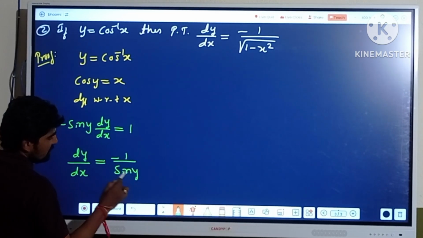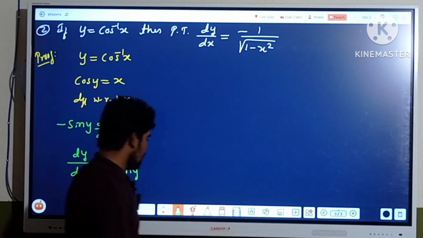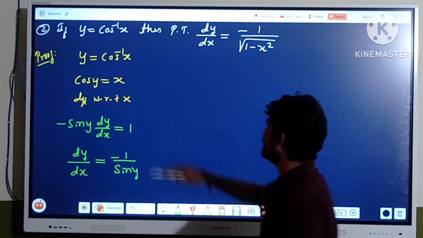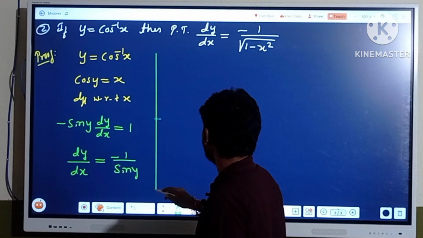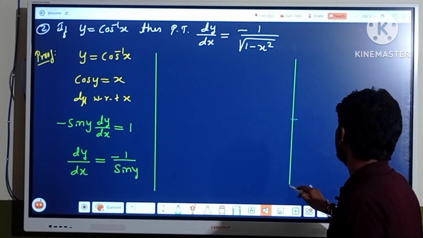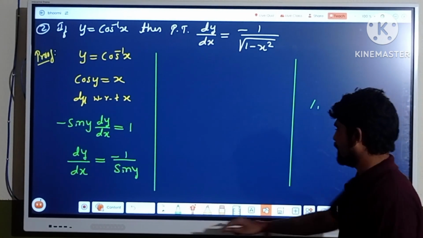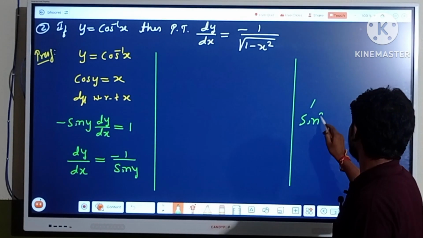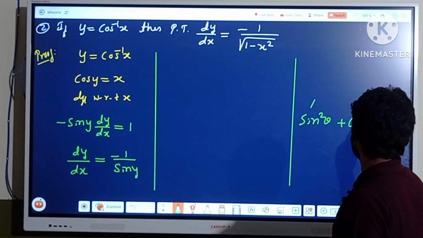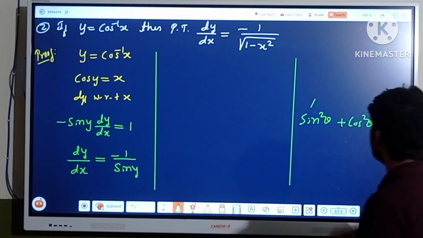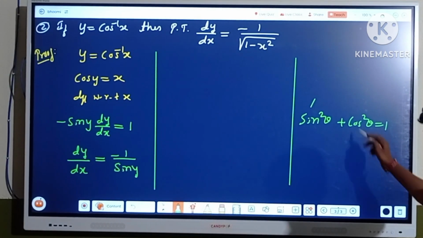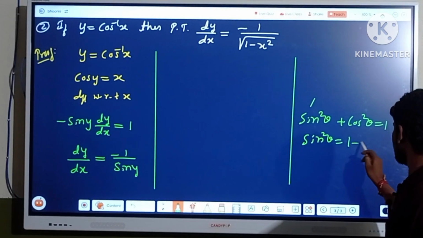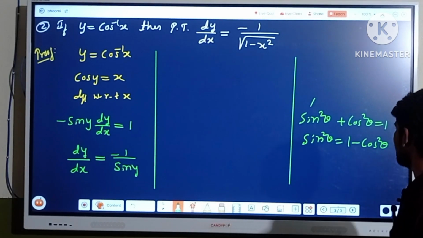Again, by using the basic identity of the trigonometric function, sin square theta plus cos square theta is equal to 1. So by using this identity, sin square theta can be written as 1 minus cos square theta.